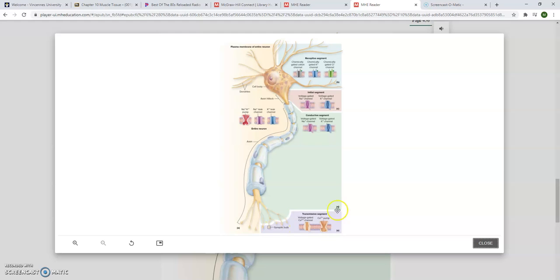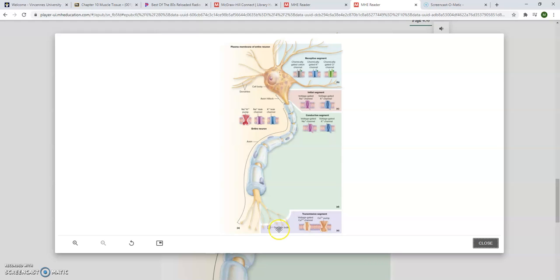Those are the main parts that you should be able to identify on a neuron: the dendrites, which are the shorter processes relative to the axon, the cell body with its nucleus, and the axon. You can call each one of those little ends axon terminals or synaptic bulbs as well.